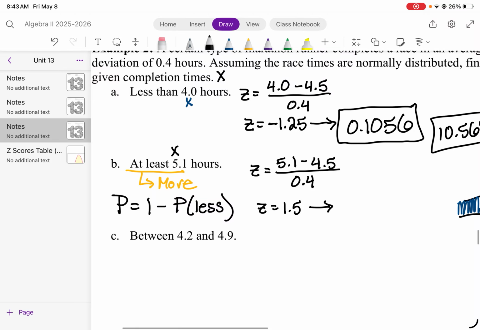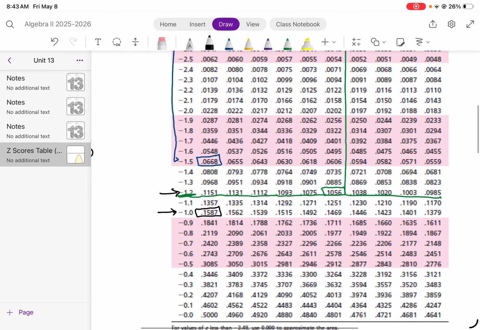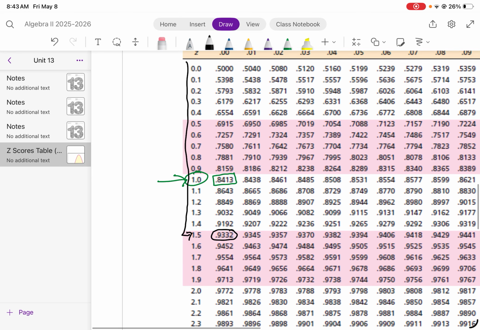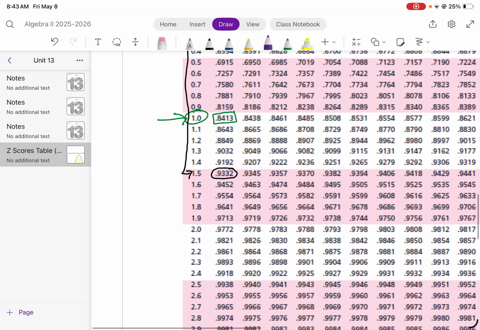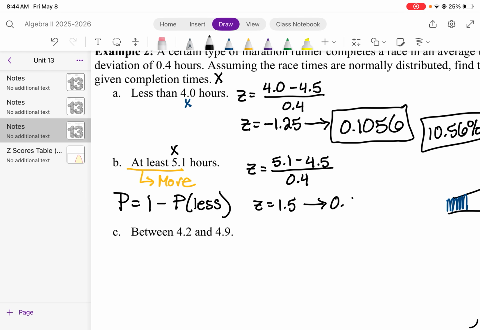So we will go to our table to find the probability of up to that. We need to go to our positive side. And it was just 1.5. There was nothing after it, so we're just going to take the first number in our 1.5, which looks like we've already used before, 0.9332. So we'll go back to our notes and write that down. Okay. So again, that's giving us the probability up to that many hours of 5.1 hours.